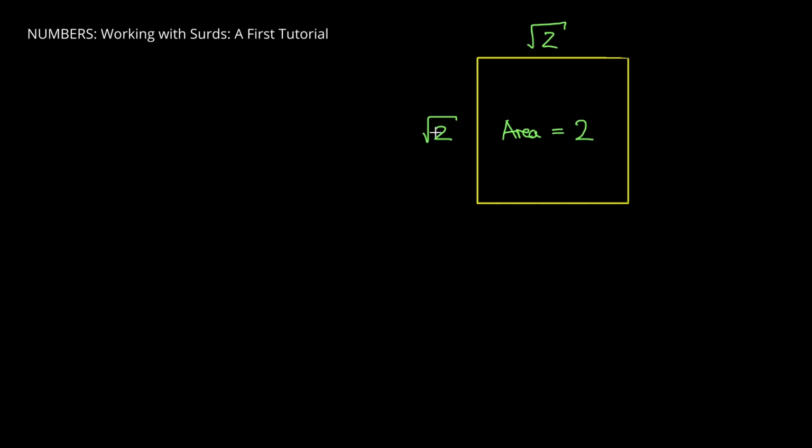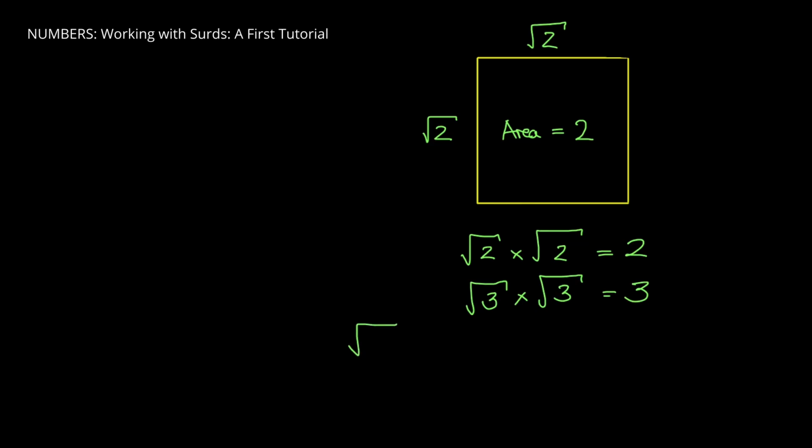This square itself gives us our best rule in that the square root of 2 multiplied by the square root of 2, in other words, exact duplicates of each other with a convenient multiply in between, equals 2. And that applies to any number. And if I had 4 of them in a row, this pair up to be 5, this pair up to be 5, this will be 5 times 5, 25.